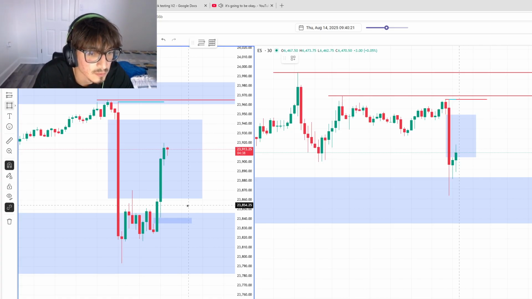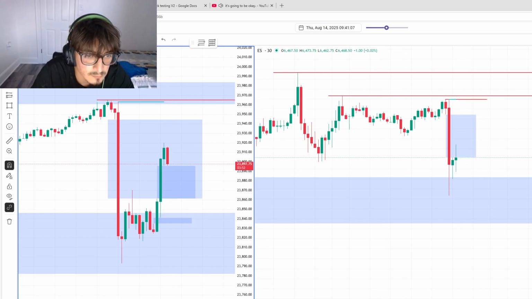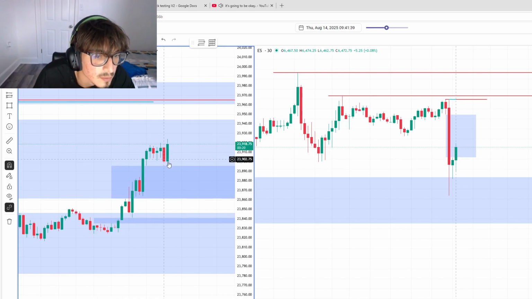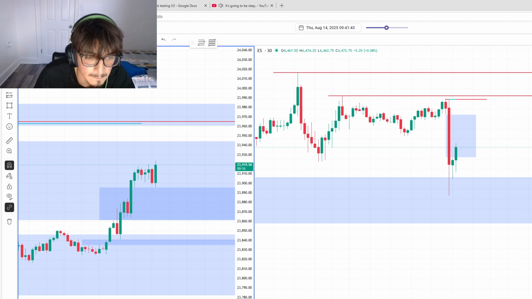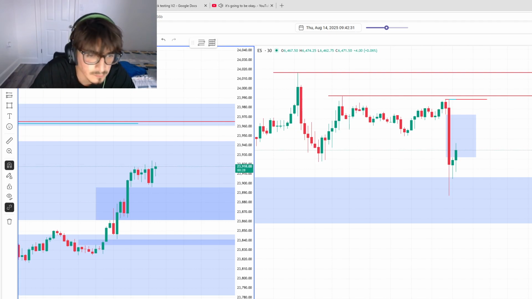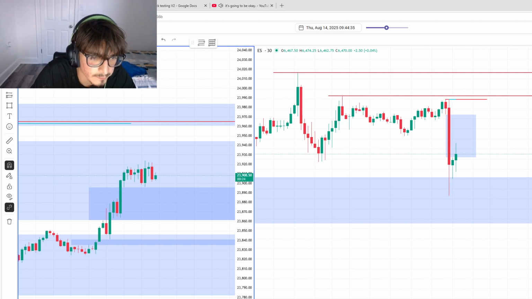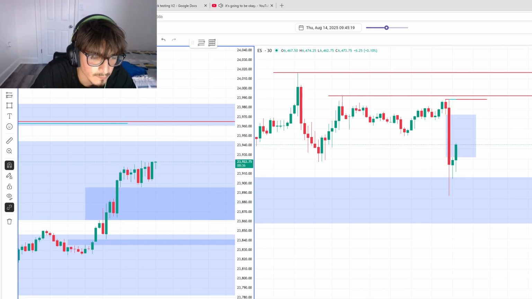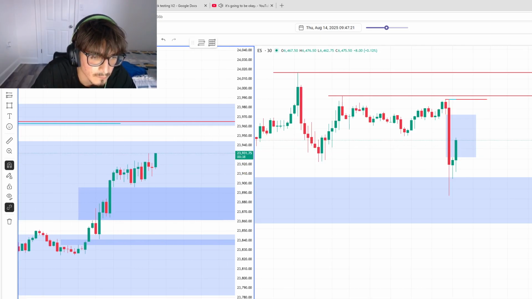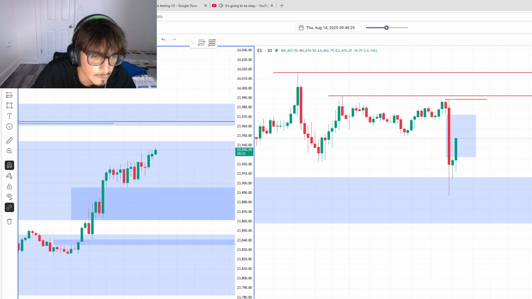Okay, so here's this 30-minute gap. Looks like we don't really care about it. Looking really good for some longs. We did not retrace to that gap yet. So we might just edge the gap.